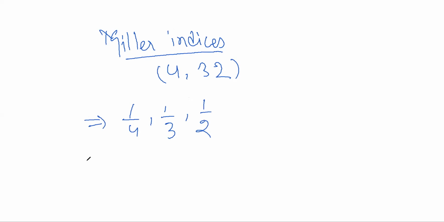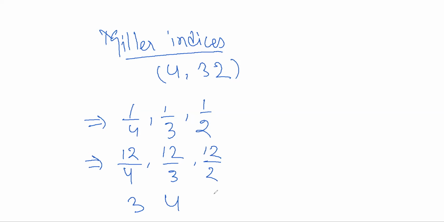And after taking the reciprocals, just take the LCM. Let's say that is 12. So the LCM is on the upper side, divided by 4, 12 by 3, 12 by 2. Is it clear? So in the next step, what we are getting? 3, 4, 6. So now the Miller indices will be this one. Is it clear?